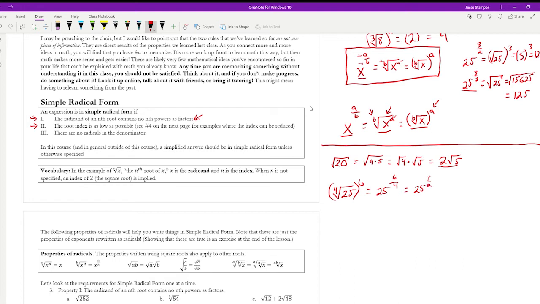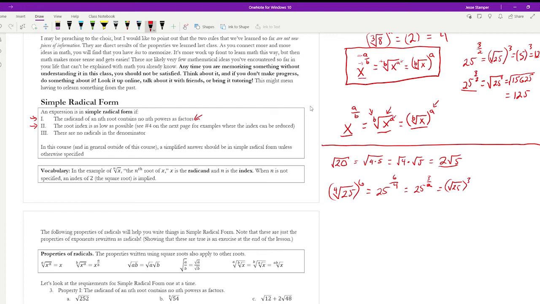Now what I've done is I have taken that 4, which is an index, used the exponent of 6, and used it to reduce it down to the smallest possible index, which means it is actually the square root of 25 raised to the 3rd power.